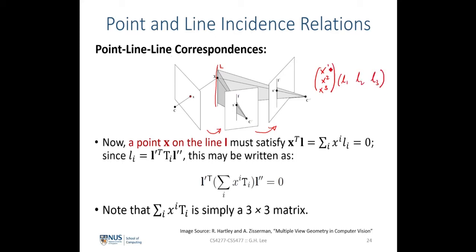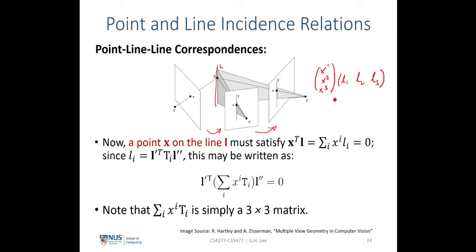Notice that I'm using a superscript to represent the row, the ith coordinate of the point, and a subscript to represent the ith coordinate of the line in the respective column.